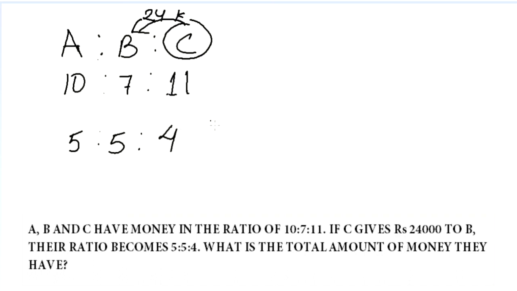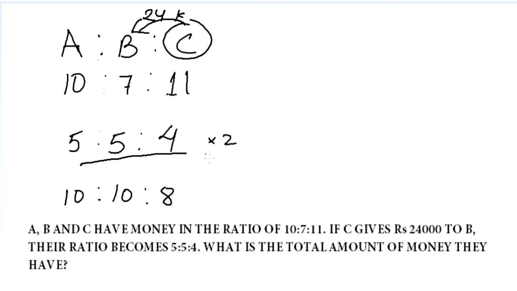So we will simply multiply by 2, trying to make A equal, because A does not concern the transaction between C and B. Even if the money changes, the ratio of A will be the same.